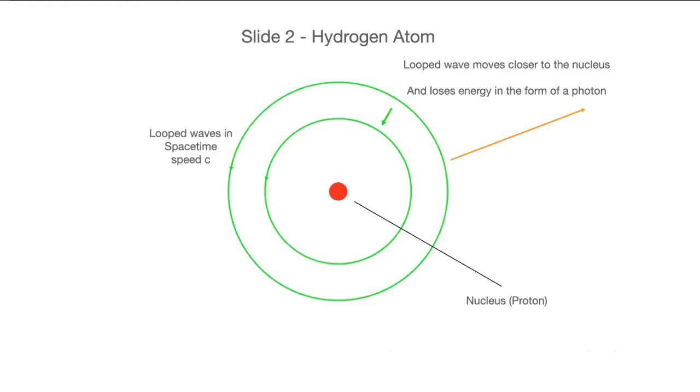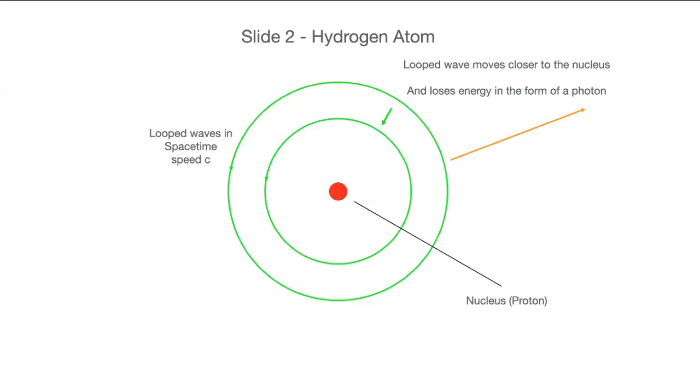So when we look at light being a wave disturbance of space-time, and we look at how light is emitted, in this illustration on slide 2, you can see depicted a hydrogen atom. And the red circle in the middle represents the nucleus, which is a proton, and the outer circles represent two possible positions of the electron.